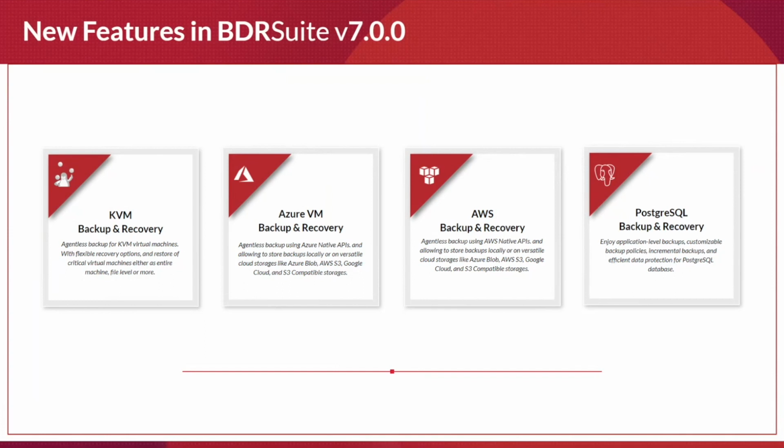And then the same for AWS. AWS EC2 instance backup is something which we already had in our portfolio, but now we have enriched it with a feature to store the AWS backup data in your local storage options, either block storage or object storage of your choice from the BDRSuite.